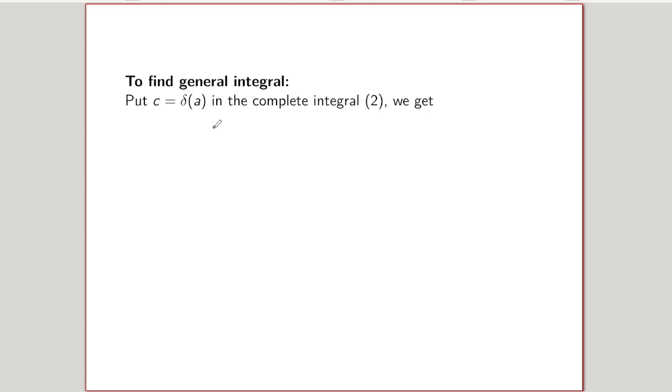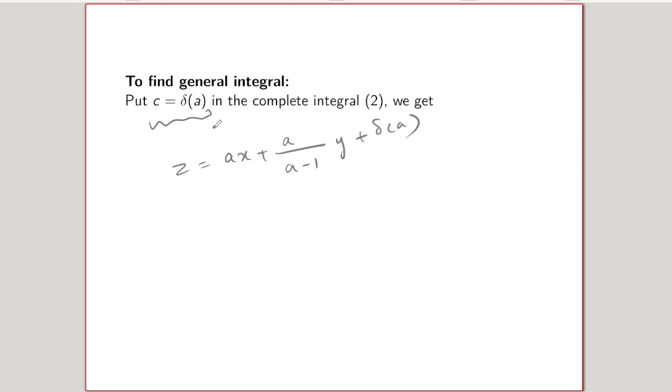To find the general integral, we put c is equal to delta of a. So z equal to ax minus a divided by a minus 1 into y plus delta of a.